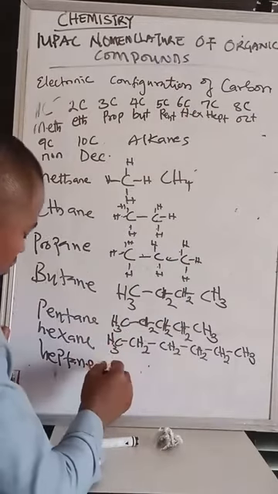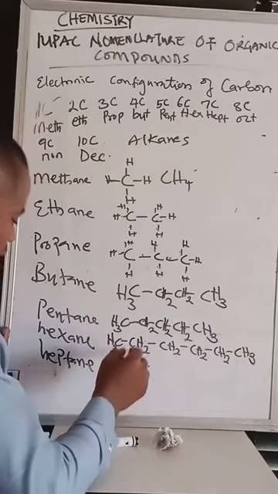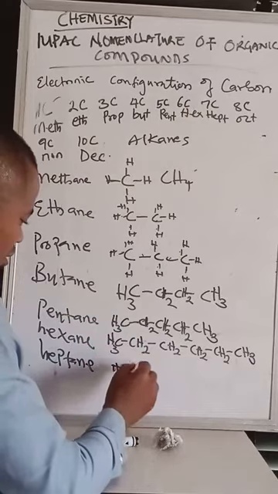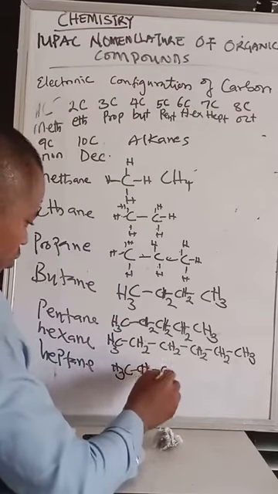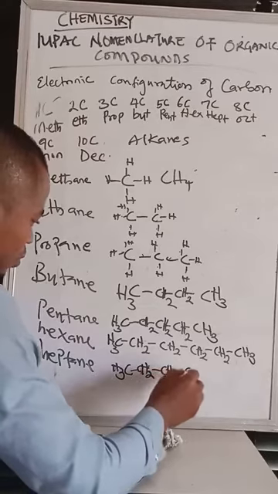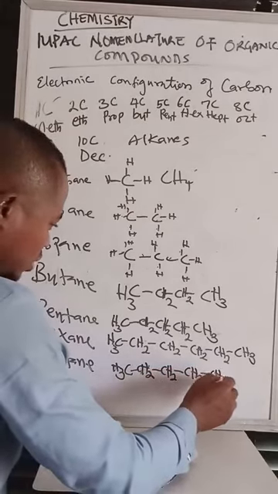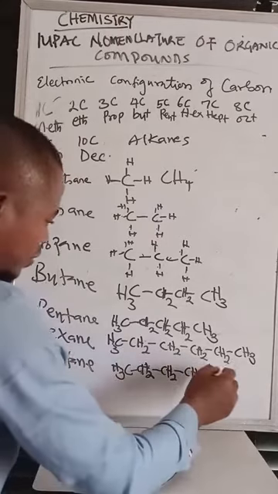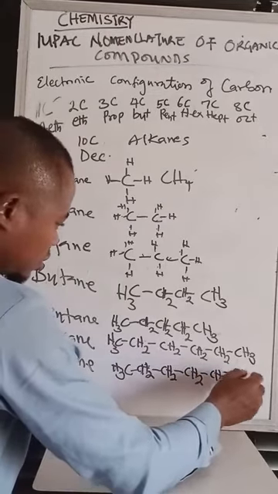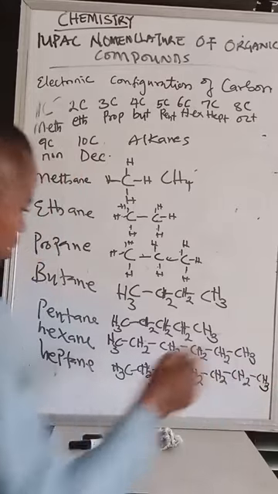So I'm going to have H3C, CH2, CH2, CH2, CH2, 1, 2, 3, 4, 5. Still need 2, CH2, CH3.